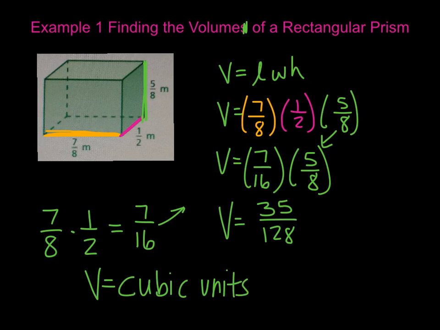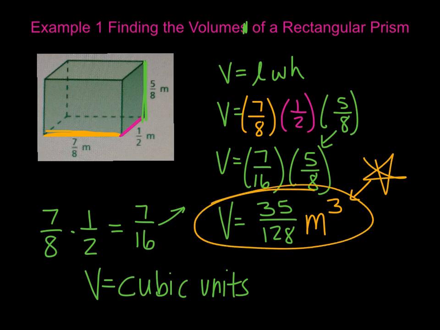So volume is measured in cubic units. So for my answer here, and I'm going to put it in different colors so you can see it, 35 over 128, so 35 128ths meters cubed. Not squared anymore. This is like a big star. You got to remember. And that's my final answer for that prism.